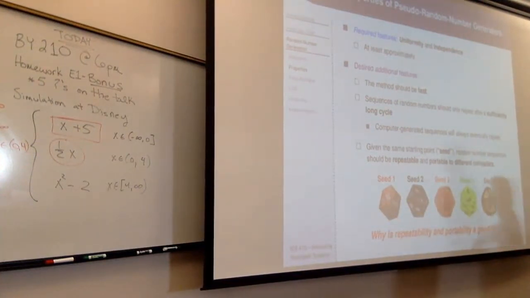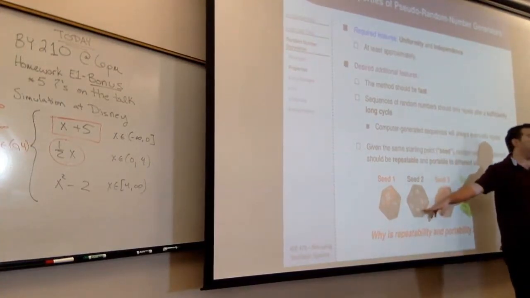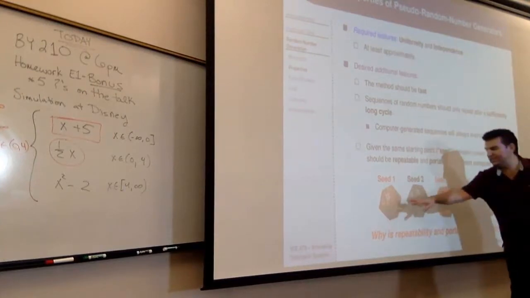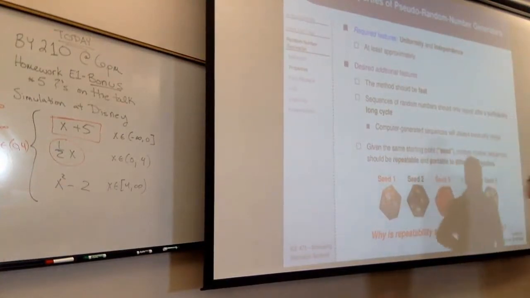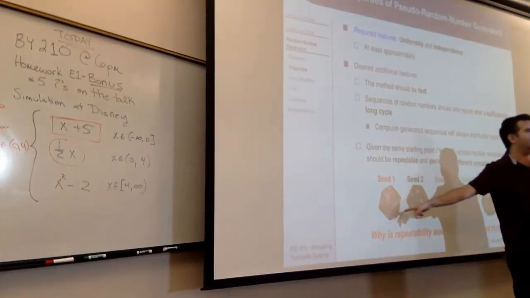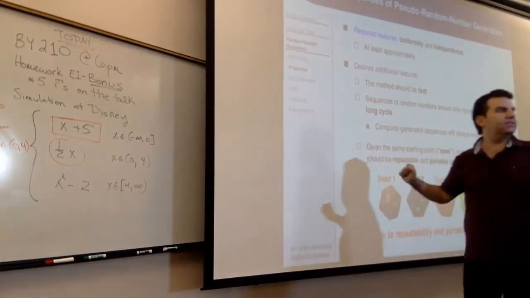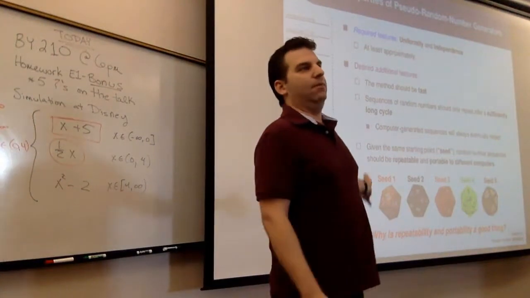And I want this 20-sided die always to give me one sequence, and this 20-sided die always to give me a different sequence. All of these sequences need to appear uniform and independent. But I need to be able to take this die and give it to Ali, for example, and he can run it in maybe another country, and it'll still generate the same sequence. And so there's a benefit of actually making our randomness portable.